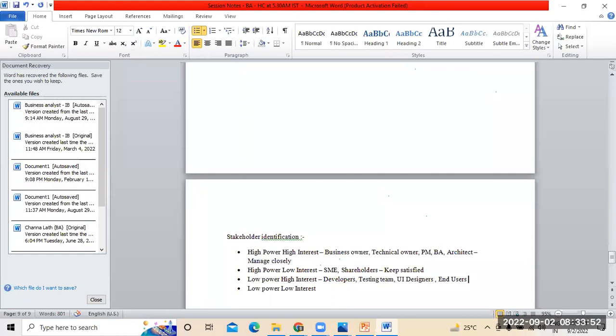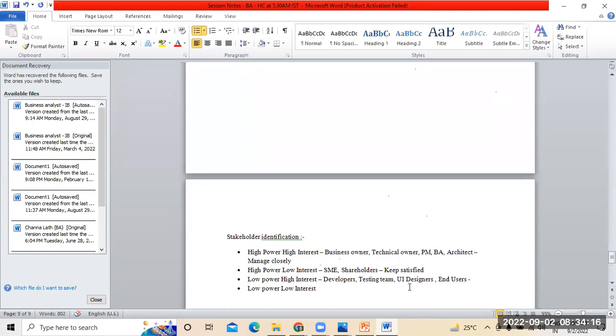These people will be low in power because they don't have any power as such. But as far as involvement and interest are concerned, it is high, because developers will be involved in the project to write the code. Even testing people are involved in the project to do the testing, all that stuff. User interface designers will be involved in the user interface designing, and all that.